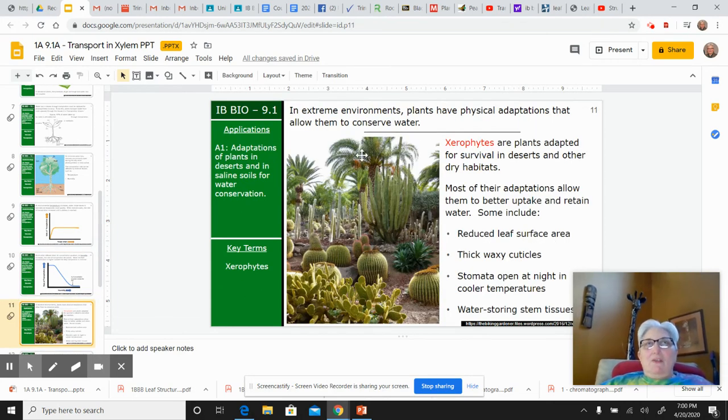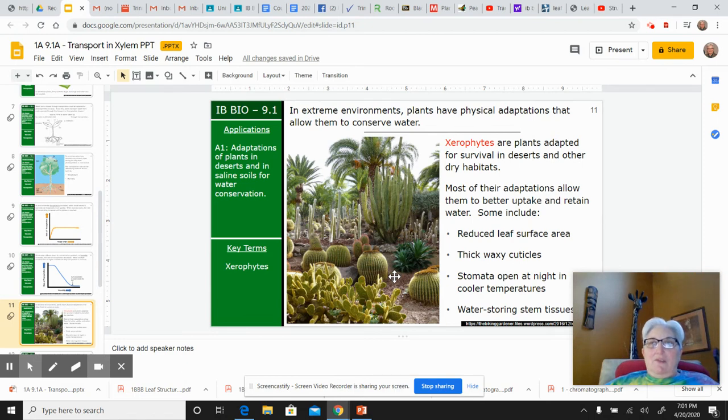Now, in some extreme places, we do have adaptations that plants have to make. So if we're looking here at desert plants where we have very little rainfall, we see that there is no leafy plant here, because the desert plant has to be able to conserve water.